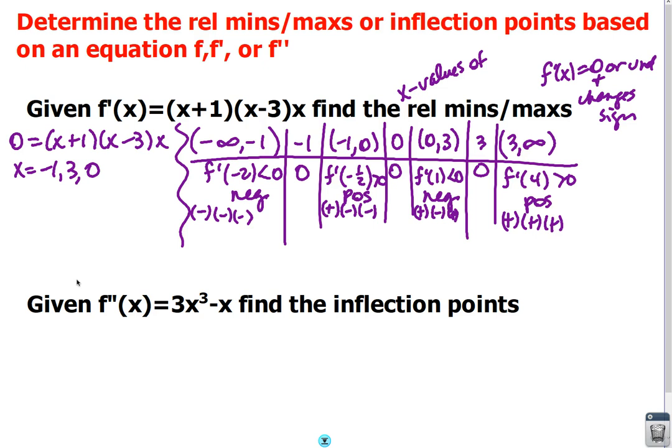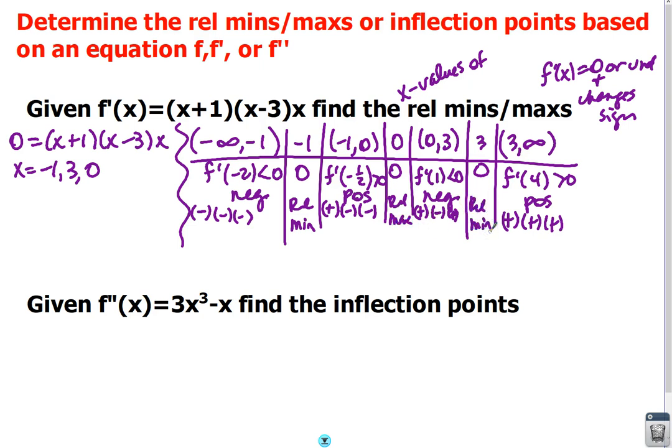Let me move that down. There we go. I know that my first derivative changed from negative to positive, then positive to negative, then negative to positive. So here I have a relative min, a relative max, and a relative min.